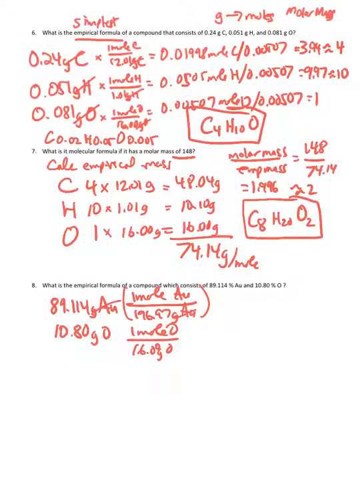Grams of gold will cancel and grams of oxygen will cancel. We do this calculation, we get 0.452 moles of gold and 0.675 moles of oxygen.